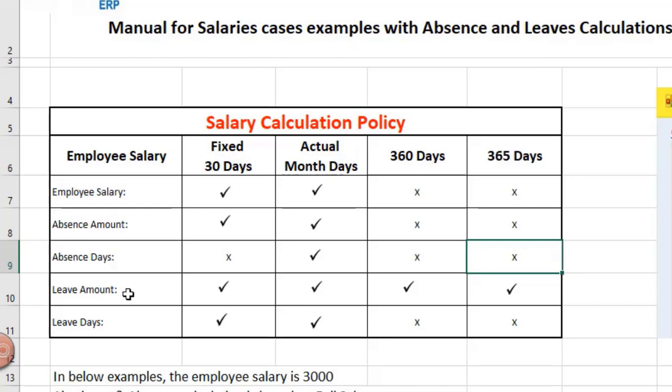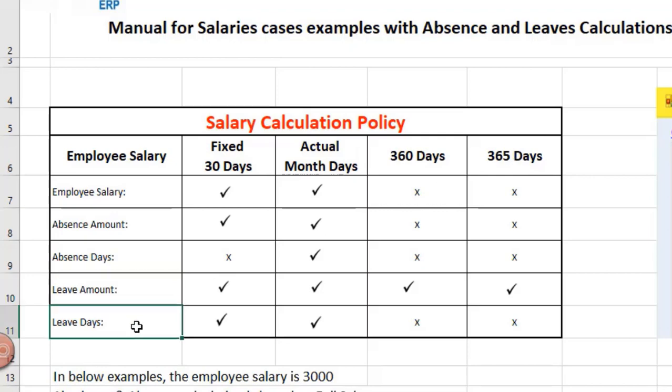Notice here in the leave amount, however, everything is applied, and it can be based on anything in the table. So basically, in the leave amount, you can set it based on fixed 30 days, based on actual month days. 360 days can sometimes be used among different companies, and 365 days as well.